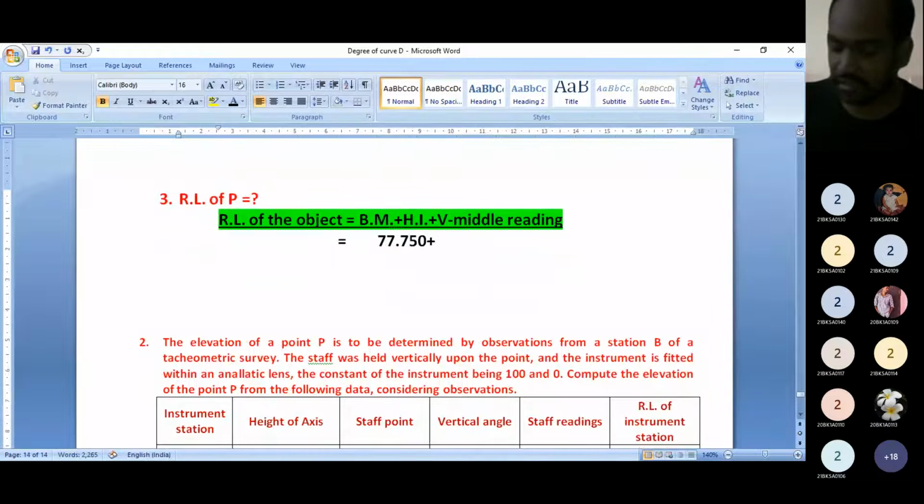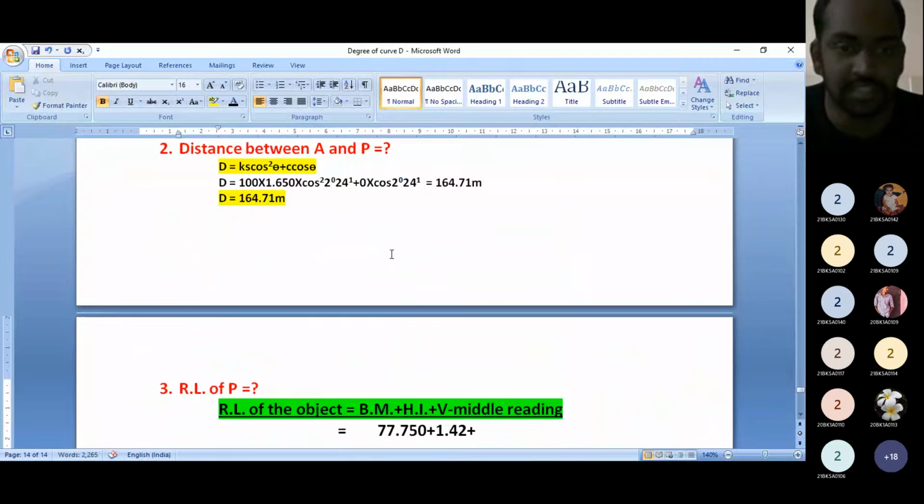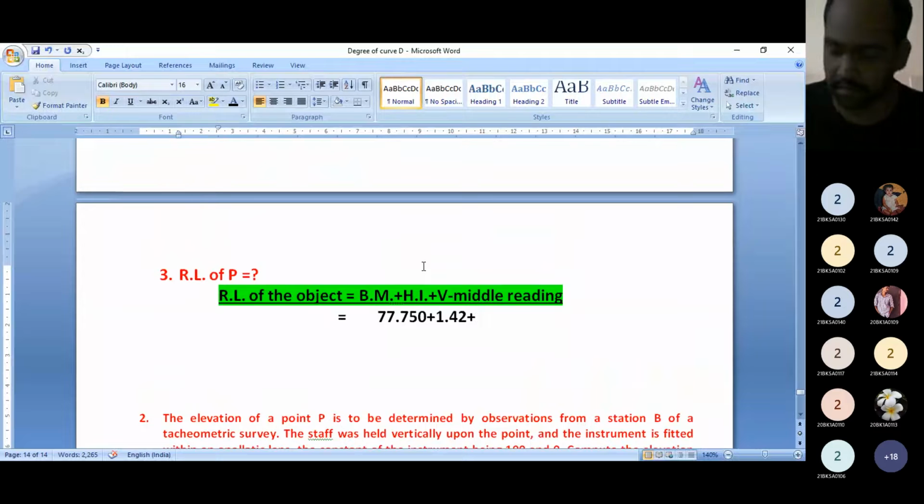So 1.42 plus V, which is 164.71 by your calculation, minus the middle reading. What is the middle reading given?